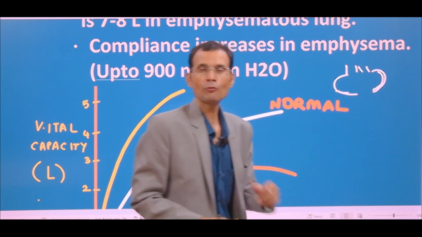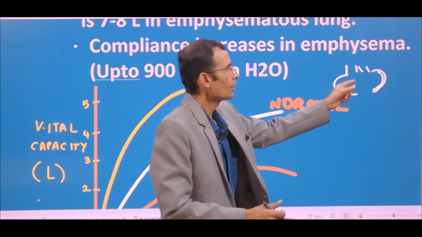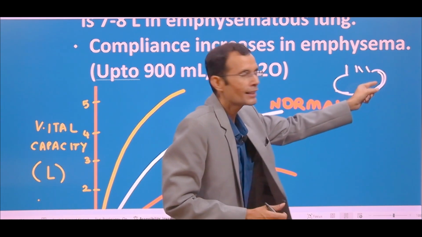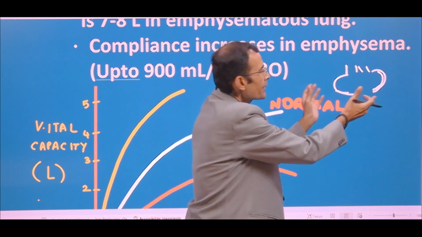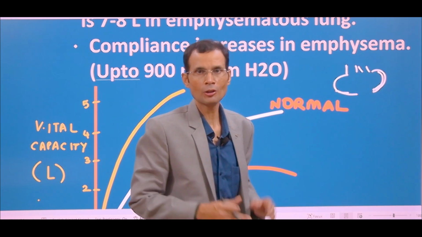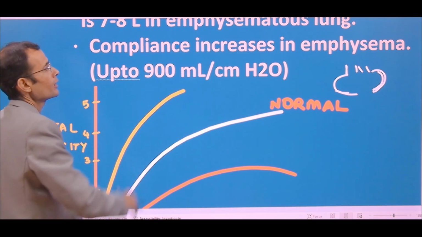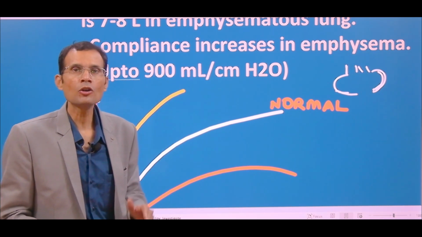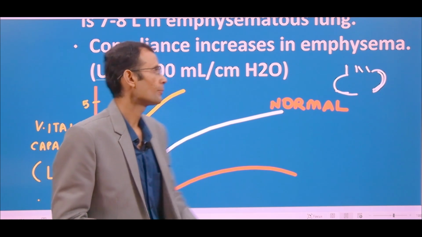Now since the alveolar wall is destroyed, it's relatively easier to distend this one cavity which has been formed after destruction of the alveolar wall. So the consequence is that the lung compliance increases.